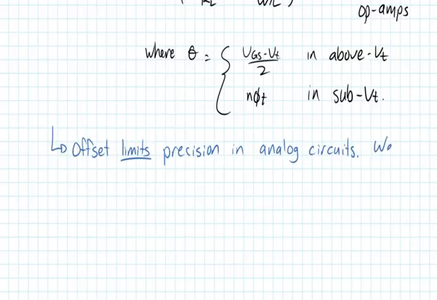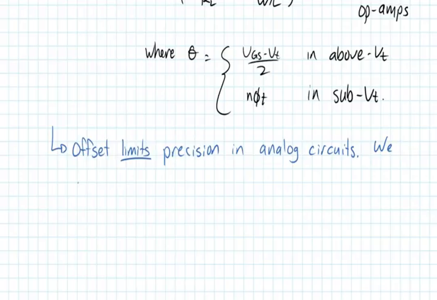The reason this limits precision in analog circuits is, let's say our input referred offset voltage is 10 millivolts, and we're interested in measuring a signal at 2 millivolts. Well, if this is indeed within our input referred offset voltage, then we may not be amplifying it in the correct polarity. Okay, so there are a number of techniques we can employ.